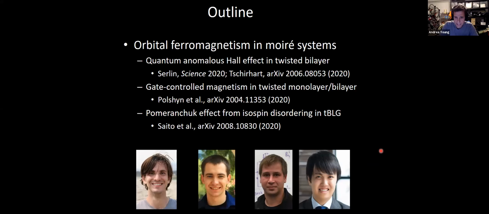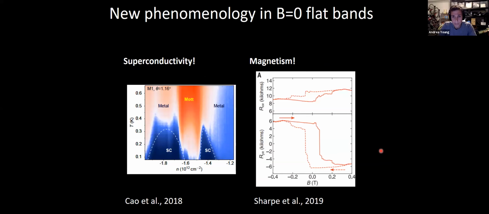I'm not going to give an extensive introduction to moire materials or twisted bilayer graphene in particular, under the presumption that at a condensed matter theory seminar, by now everybody's familiar with the basics. The basic picture I want to remind you of is that these are systems in which one can make relatively flat bands at zero magnetic field.